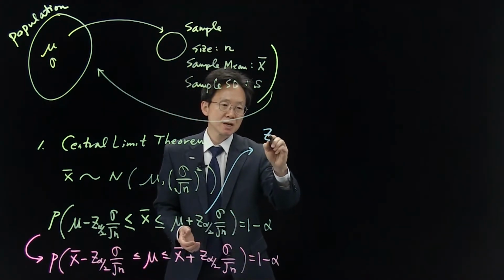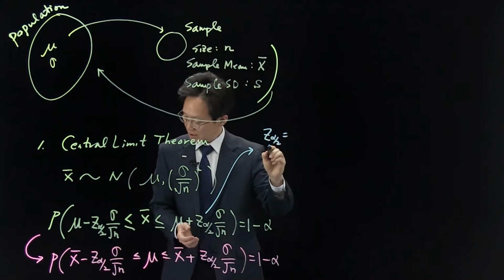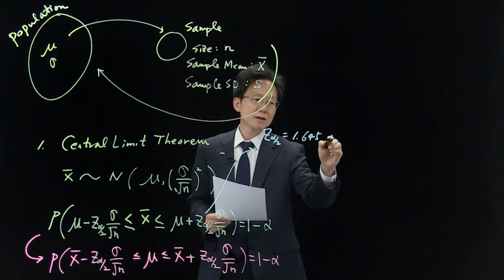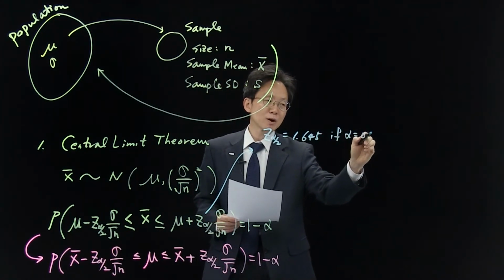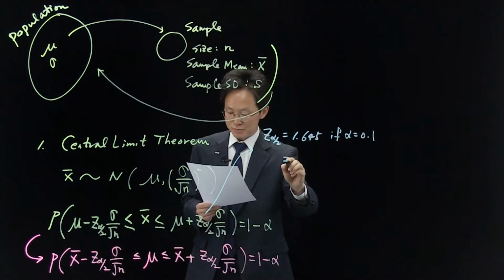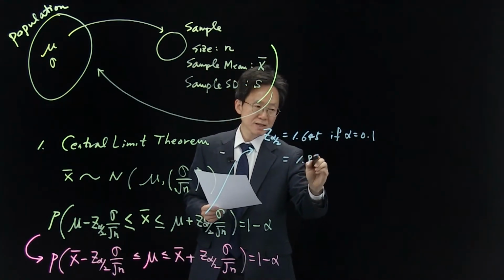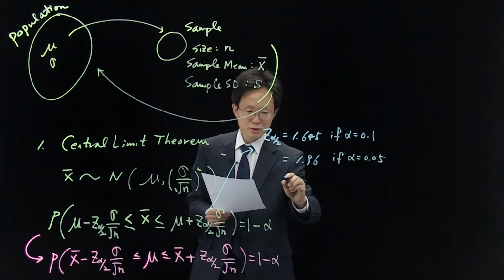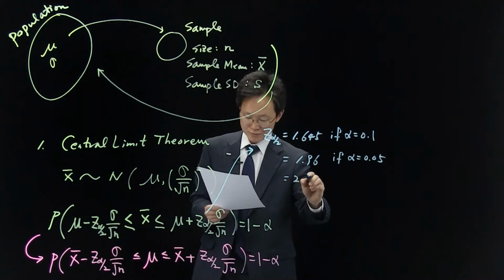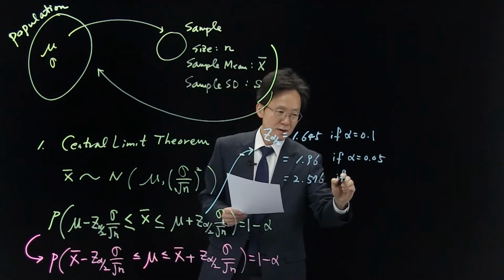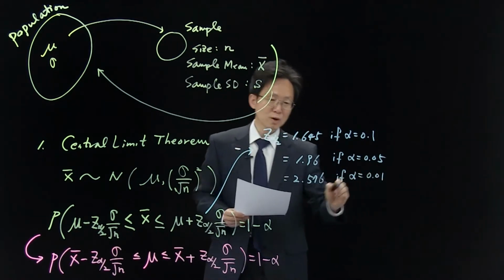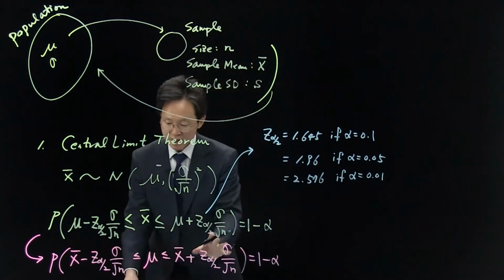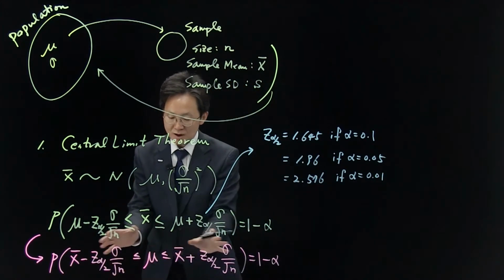In other words, z alpha over 2 is 1.645 if alpha is 0.1, and this one is 1.96 if alpha is 0.05, and also this will be 2.576 if alpha is 0.01. So the values are well known, and if we use these values, we can actually estimate the confidence interval for mu.